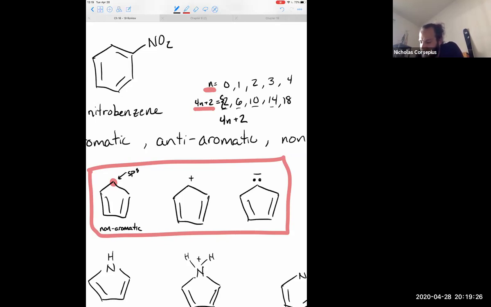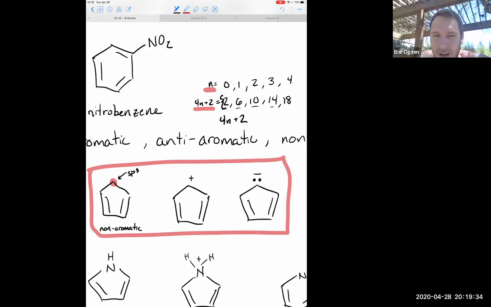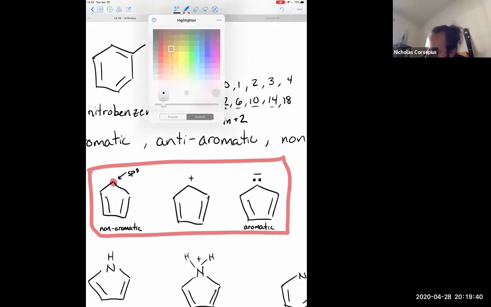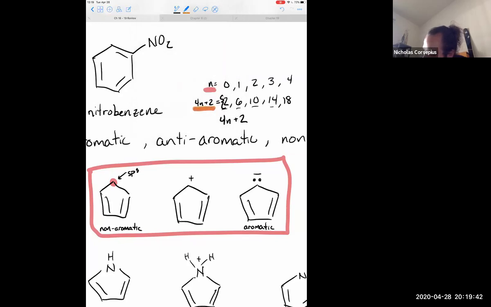All right, so which one of these is going to be anti-aromatic? I guess let's start with which one's going to be aromatic. The one on the far right is aromatic. And again, it's because the number of electrons will follow this 4n plus 2 rule. So let's convince ourselves of this.